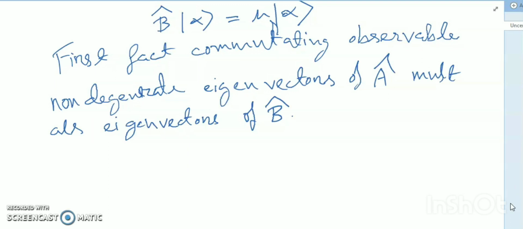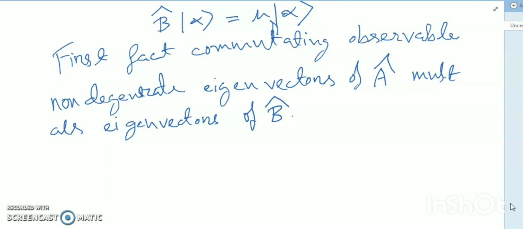Next we want to show that we can make the same conclusion in the degenerate case, which means we have more than one eigenvector for an eigenvalue.